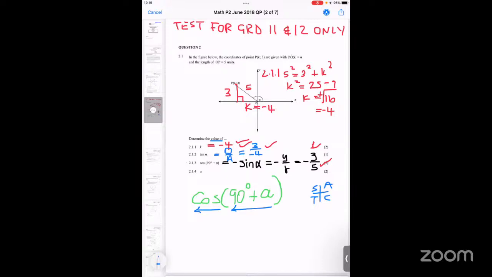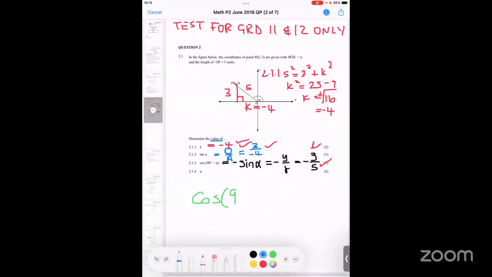You don't base the sign on what it changes to. You base it on what you were given. Okay, does it make sense? Yes, sir. Always, it changes based on what you were originally given, not what it is changing to.